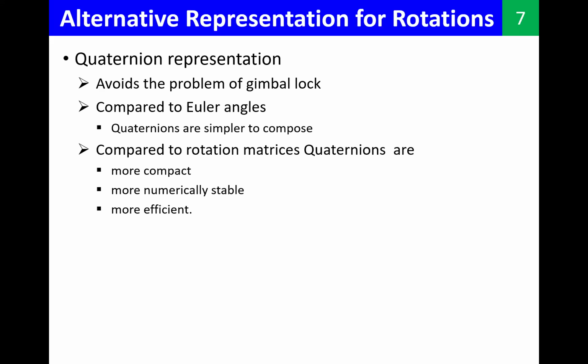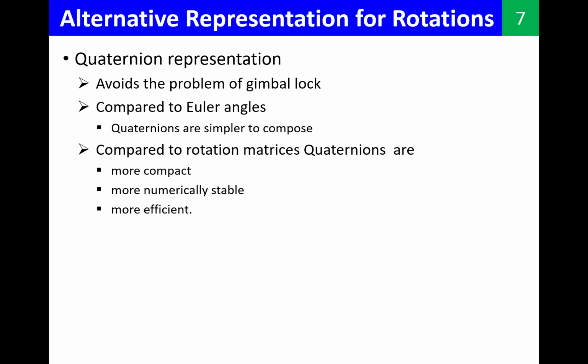So that's where this new representation called the quaternion representation can become handy. This is an alternative representation for rotation, and it avoids the gimbal lock problem, and it is simpler to compose when compared to Euler angles.